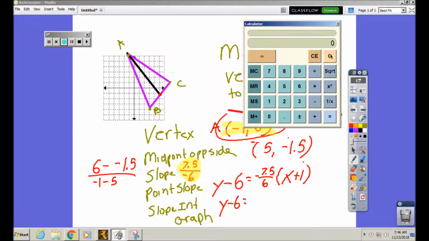I'm on my own here. Negative 7.5 divided by 6 is negative 1.25. Okay, I can live with that. So negative 1.25 times x is negative 1.25x. Negative 1.25 times positive 1.25 is negative 1.25.